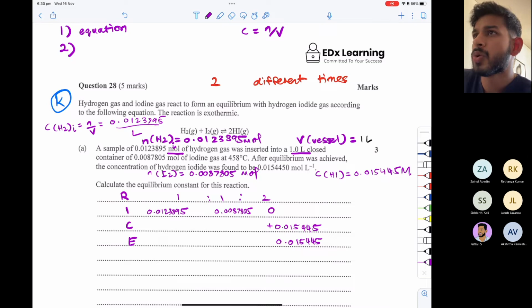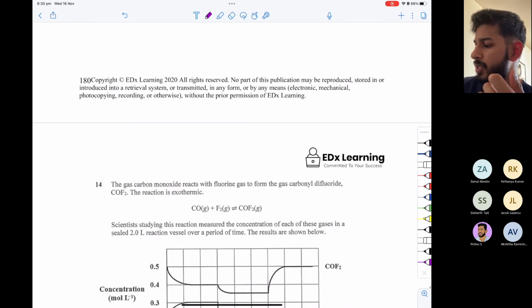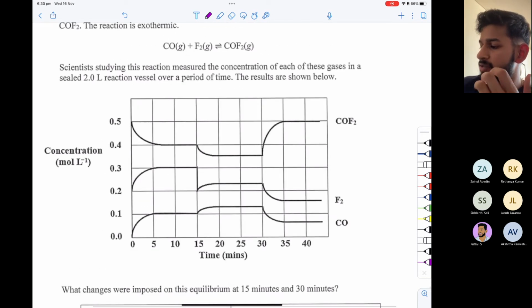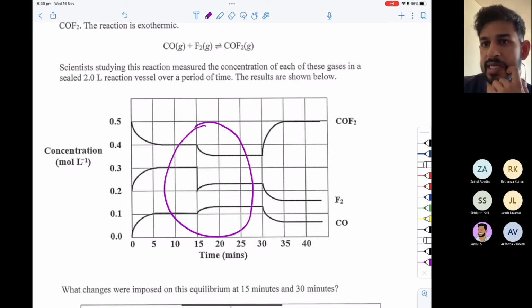So Zainul, when we're talking about those concentration-time graphs, what were the 2 phases of disturbance? Come back up here for me. What are the 2 phases of disturbance that you can see in that circled area of the concentration-time graph? No, so the 2 phases were the stimulus phase.